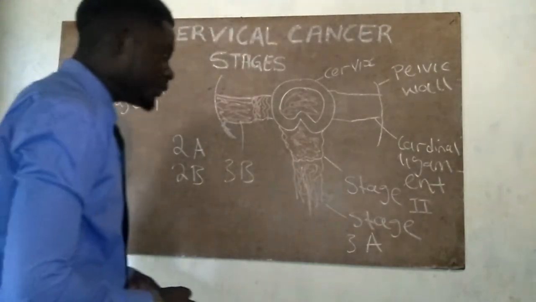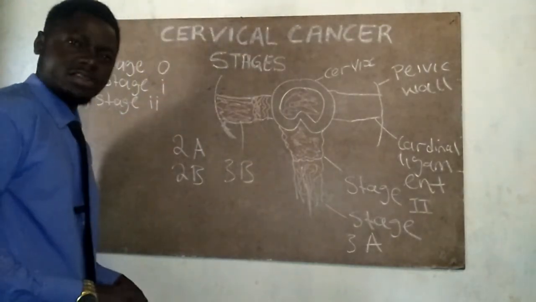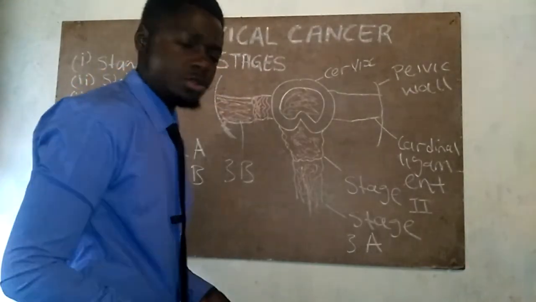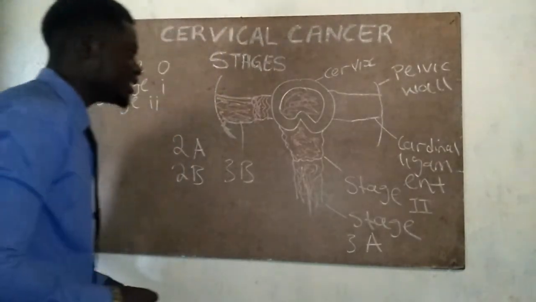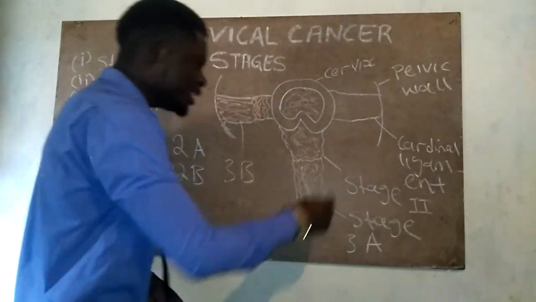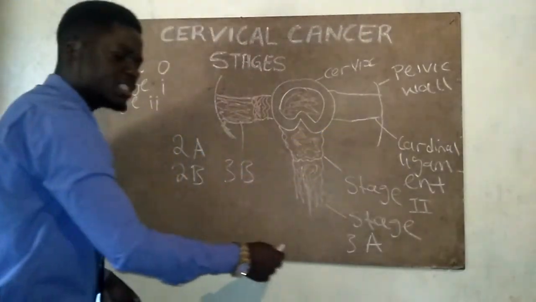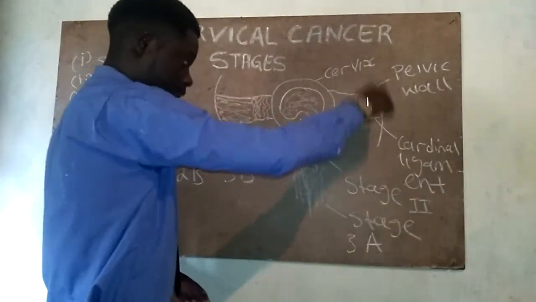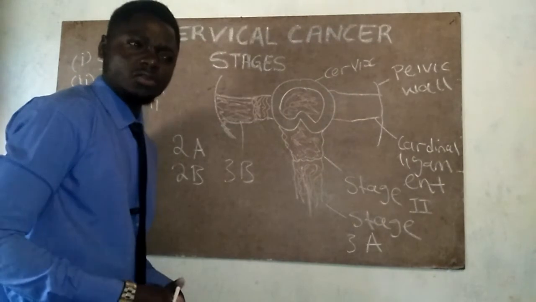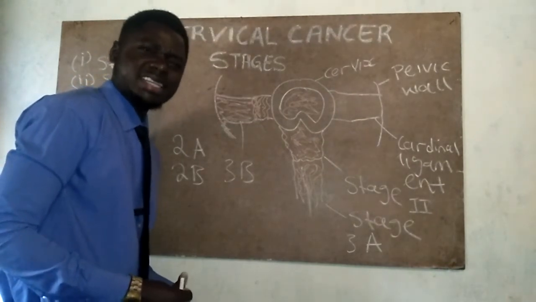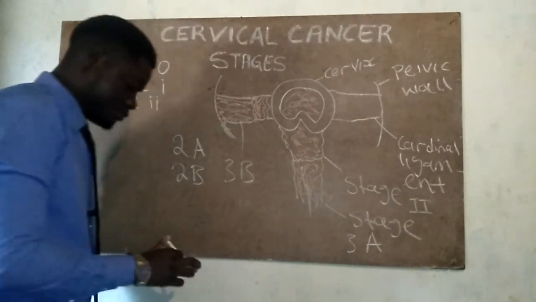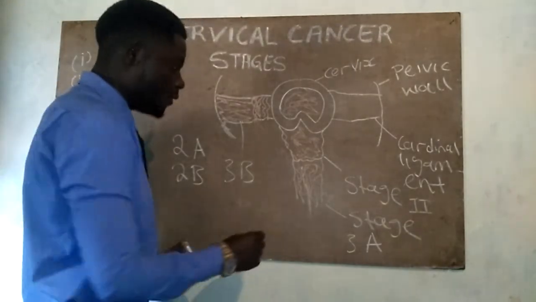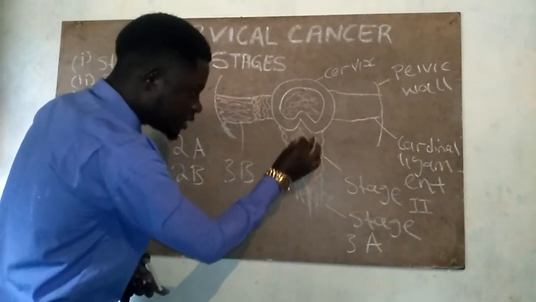Now, stage 4, this is the most dangerous type of cancer. The treatment for that is surgery, radiotherapy, chemotherapy, as we know the types of treatment that we give to cancer patients. Stage 4 is going to involve some other organs of the body, of the female reproductive organs and other organs. So for example, if it's stage 4, it's going to involve all these areas.